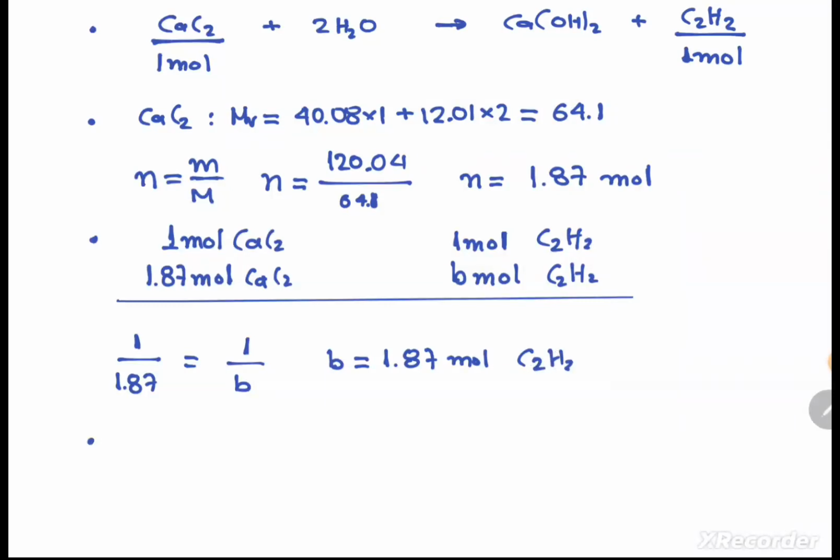We want to find the volume at STP of acetylene, so we convert the mole to volume. We use the formula, and we have volume is equal with the number of mole times the molar volume at STP.